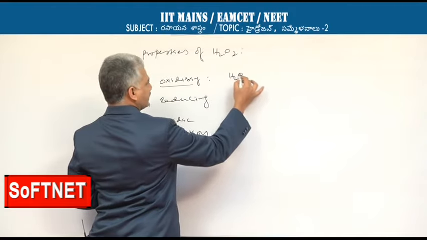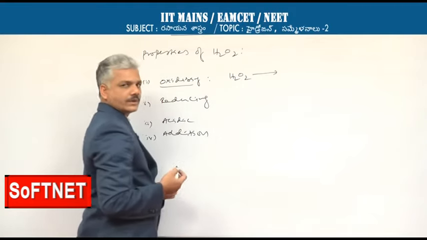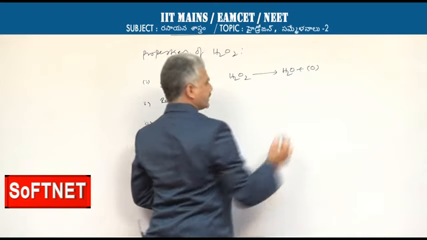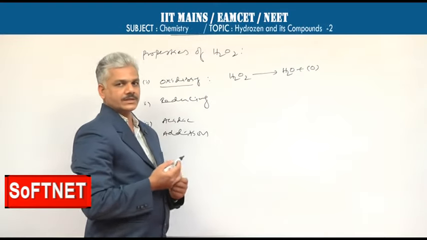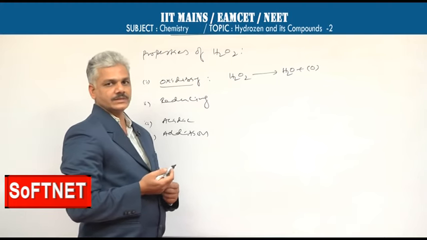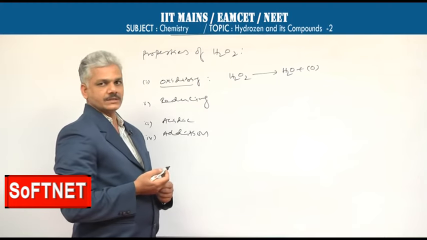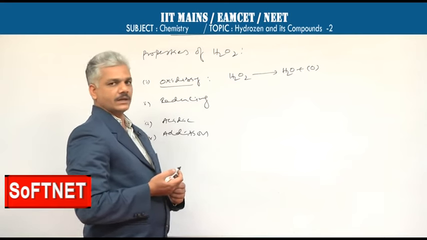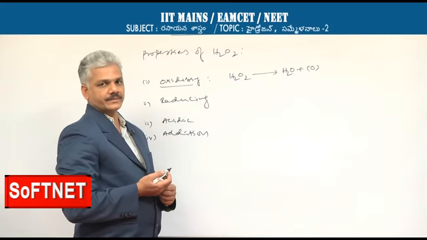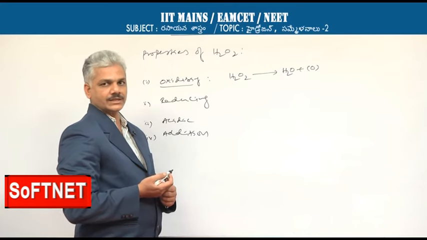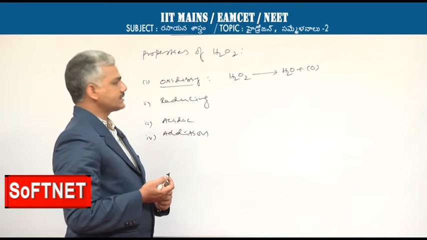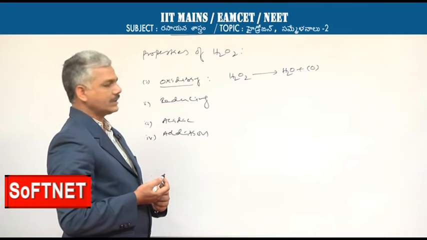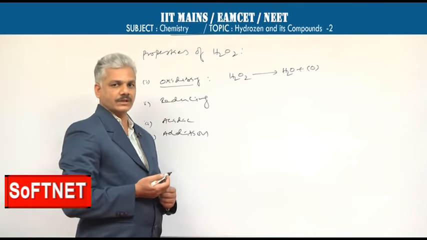Hydrogen peroxide is an unstable compound, readily dissociates to give water and nascent oxygen. This reaction is catalyzed in the presence of mineral acids like sulfuric acid, metals like platinum, and rough surfaces, as well as presence of light. Hence, this hydrogen peroxide is stored in dark brown colored wax coated plastic bottles.